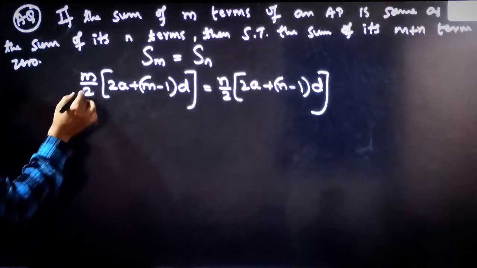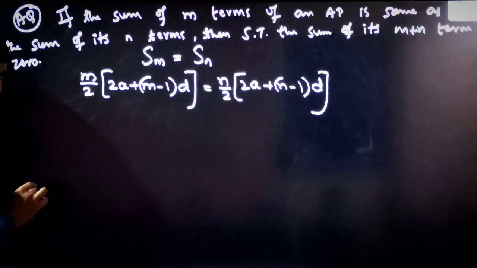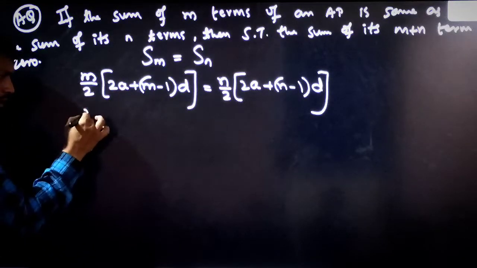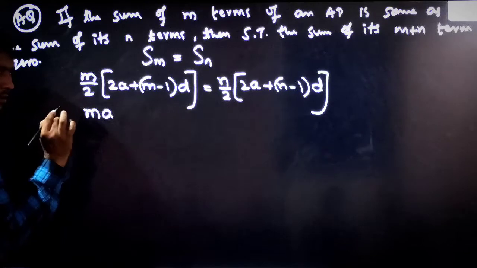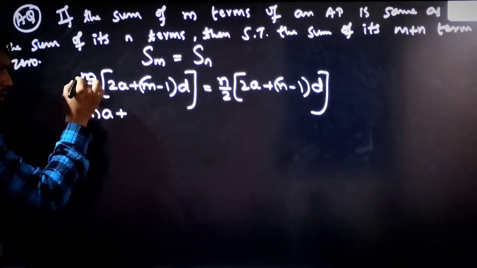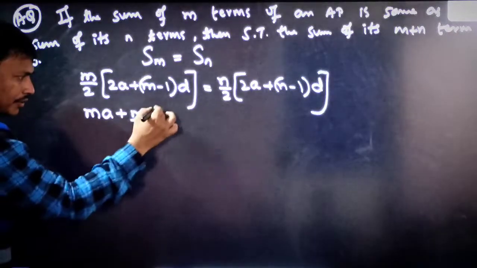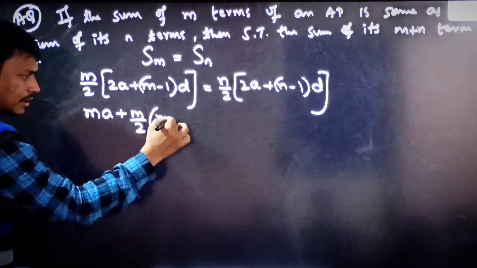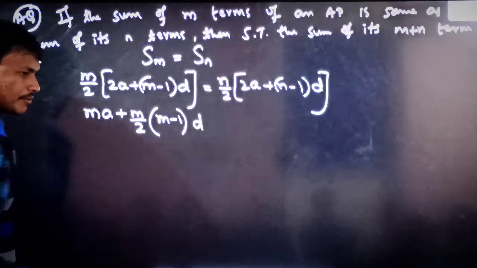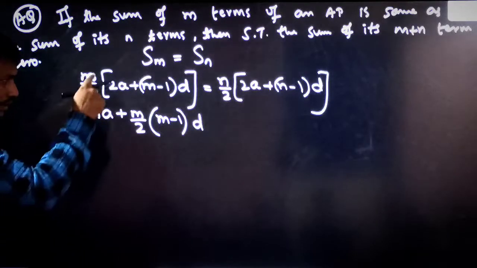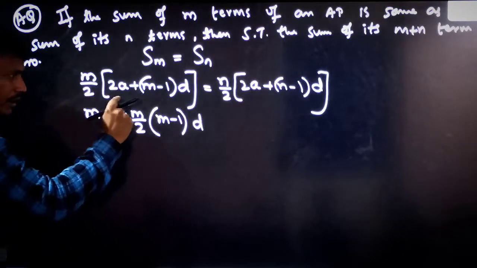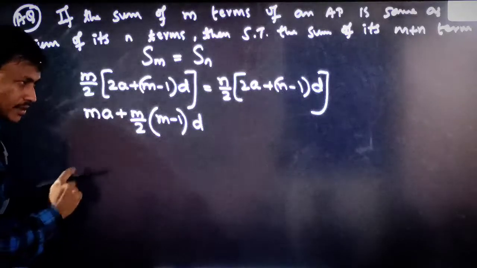Correct? Look here. The 2s cancel. m into a, ma, plus m divided by 2 in bracket m minus 1 into d. Correct? This m by 2 is common for these two things.